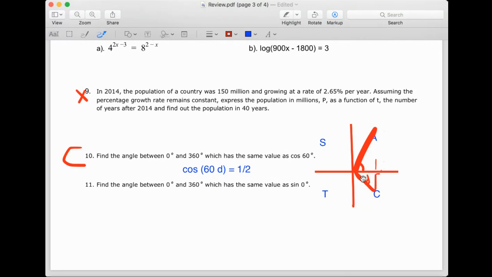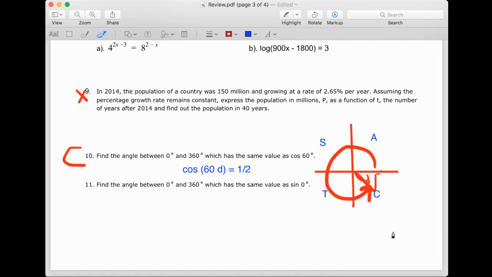So the reference angle is 60. But what is its real angle? Because we always measure from the positive side of the x-axis, the real angle is from 0 up to this coterminal line. Does that make sense?